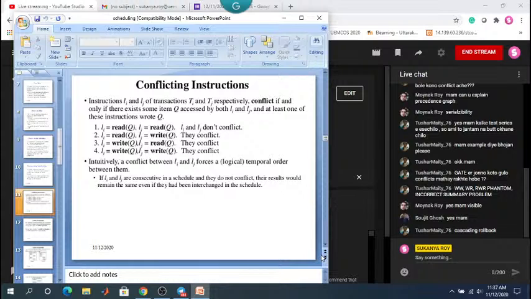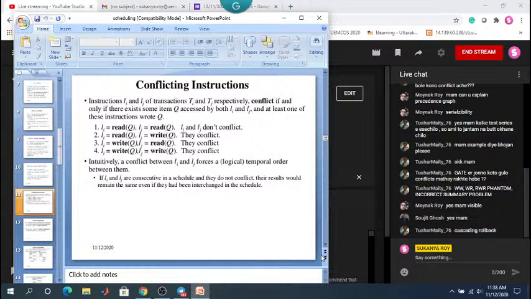Suppose instructions Li and Lj of transactions Ti and Tj respectively conflict. This happens if and only if there exists some item Q accessed by both Li and Lj. There must be some data accessed by both statements of both transactions, then only can the conflict happen.